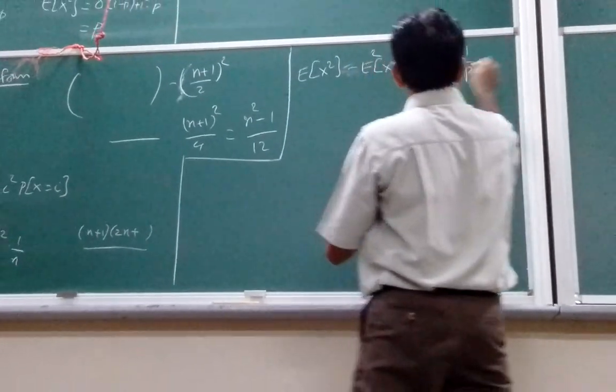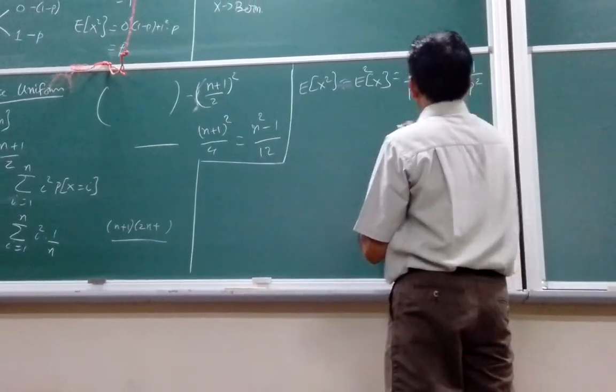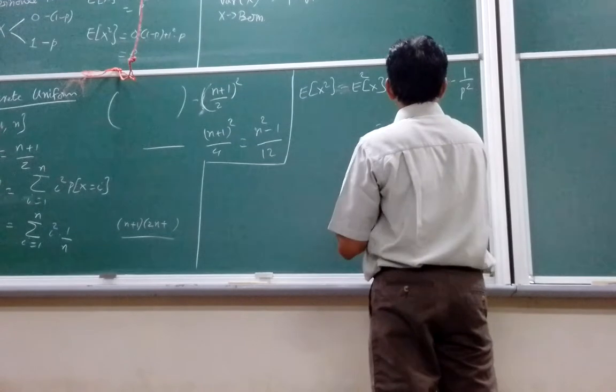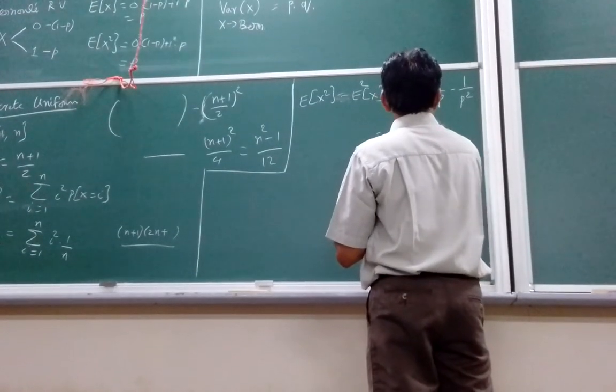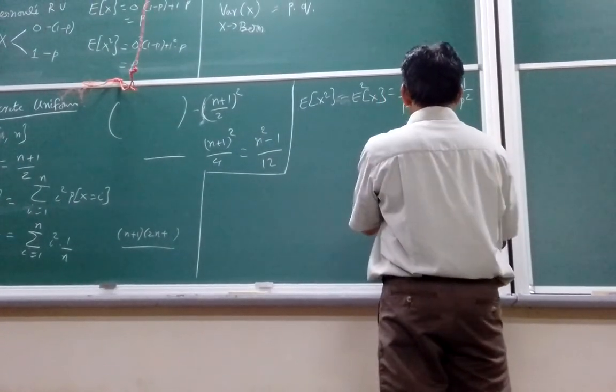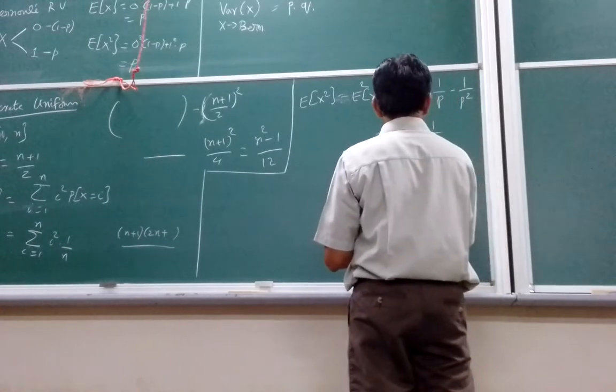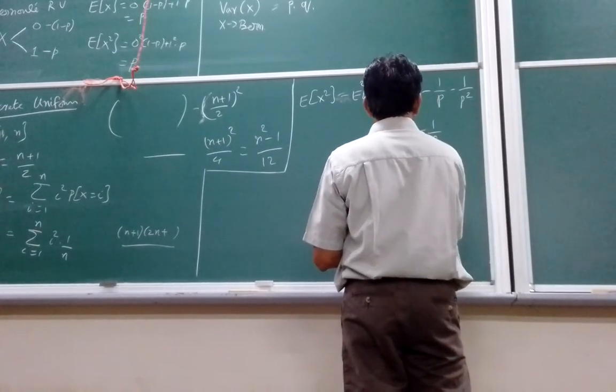What is this? 1 over p square. So, what do we get?